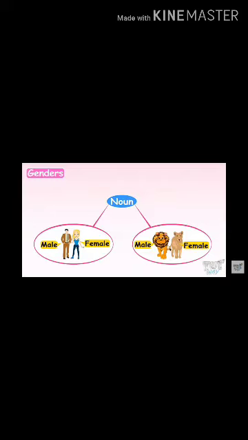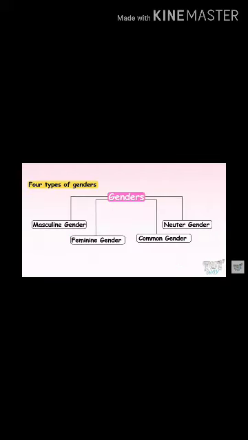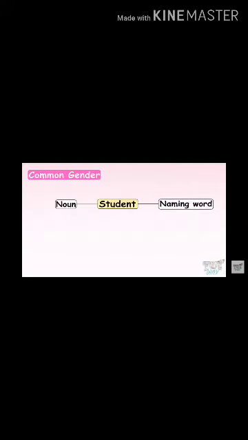Here you can see that nouns are the naming words. You can see on the left side male and female. Here you can see in the animals also, males and females are there. So four types of genders are there, we have studied. One by one we are going to study them; masculine and feminine have been done.